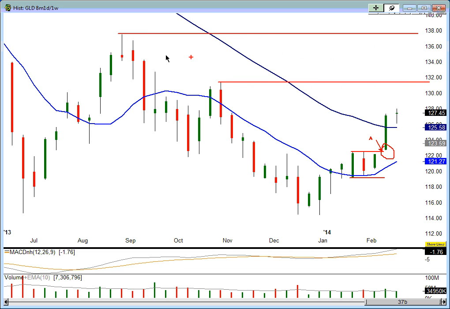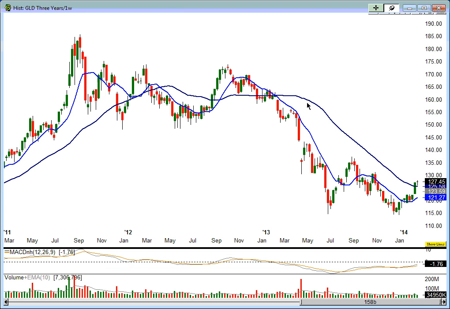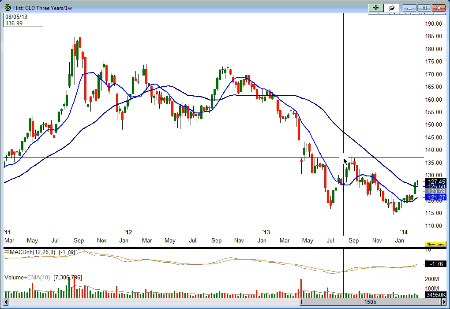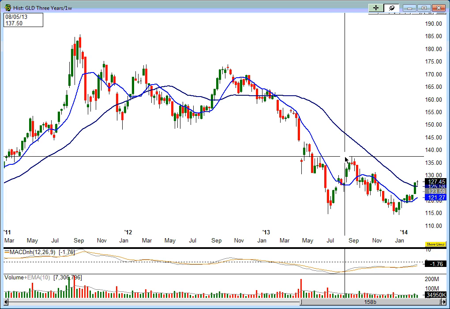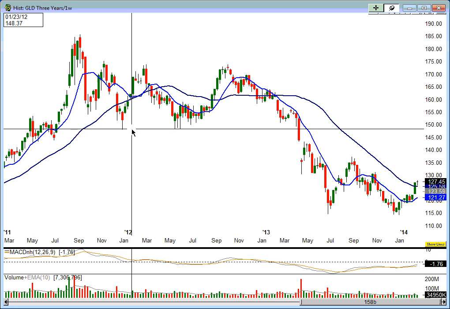Then if it breaks this pivot on this big double bottom, or you could call it a multi-bottom, but we count it as one pivot level, you can see there is a lot of potential upside if gold breaks above this level somewhere around 137.50. Then the next level of resistance we'd be talking about is maybe 148.